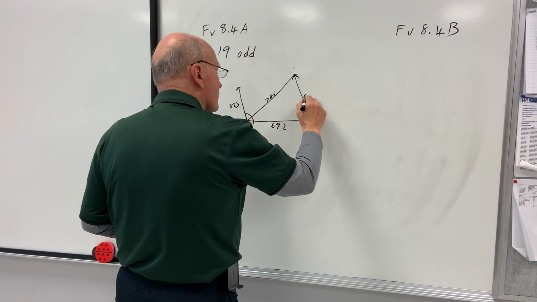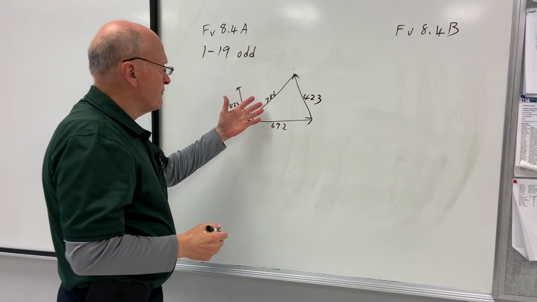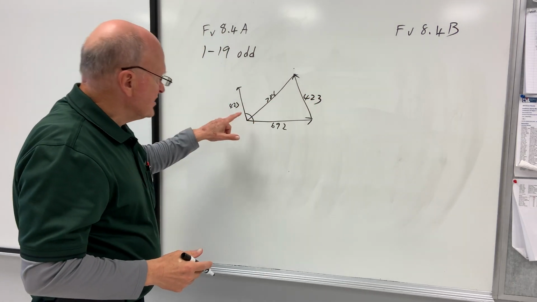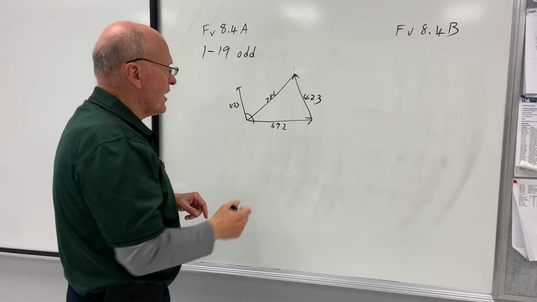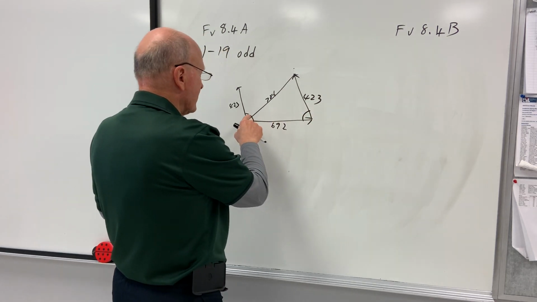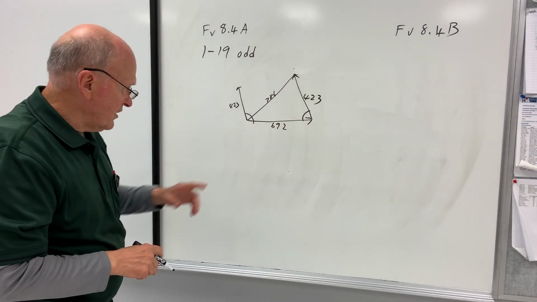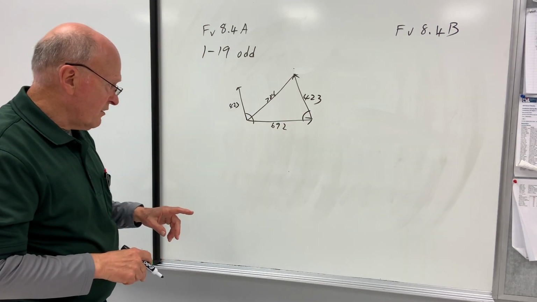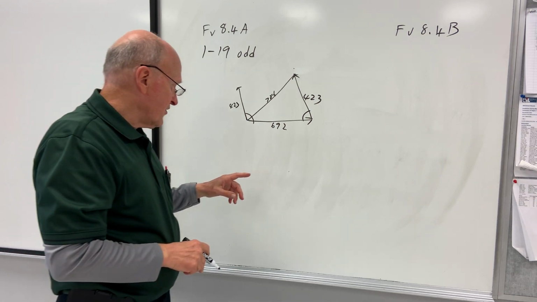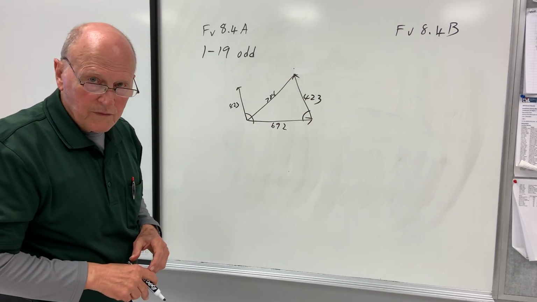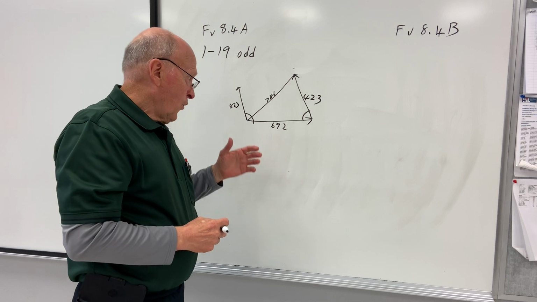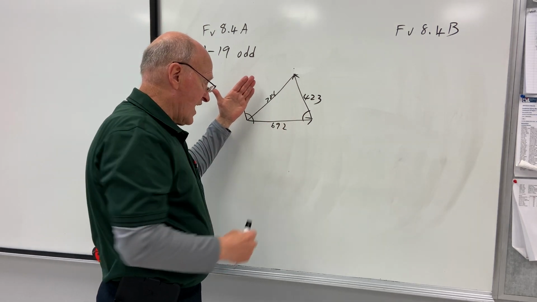So this is 423, and we put these together. Now, they're asking me for this angle, but I'm going to solve for this angle, and I know that these two angles right here are supplementary. In other words, they add up to 180 degrees. So when I find this angle here, all I have to do is subtract it from 180 degrees, and I've got this angle. All right, now we've got this triangle that we're solving.